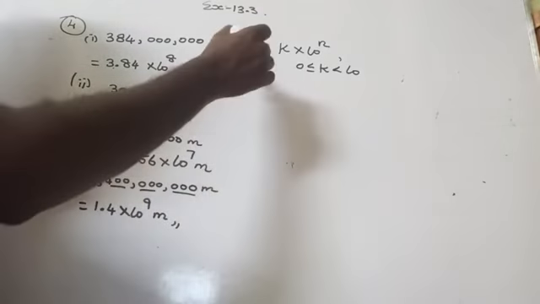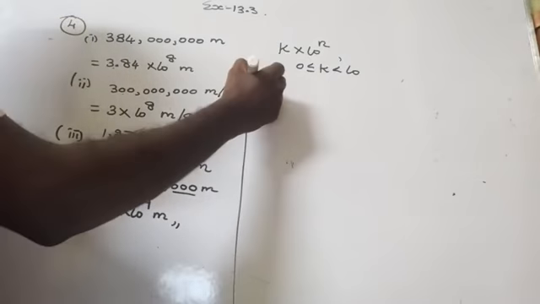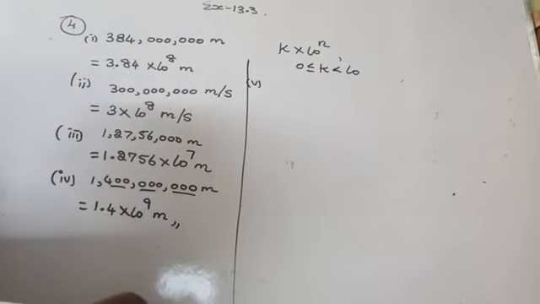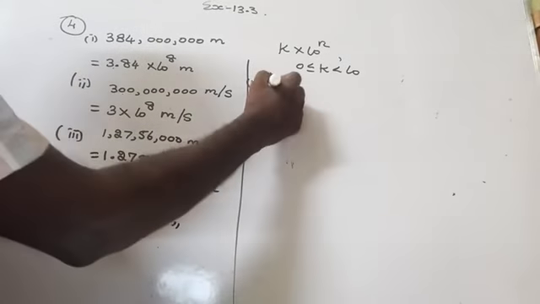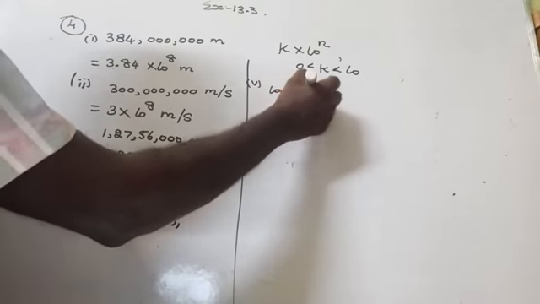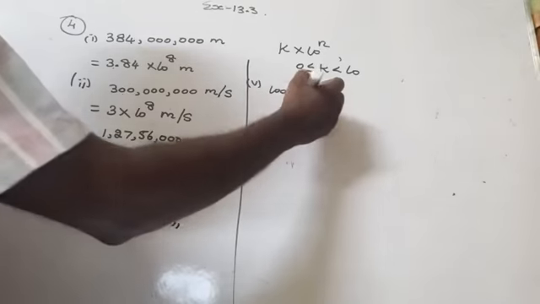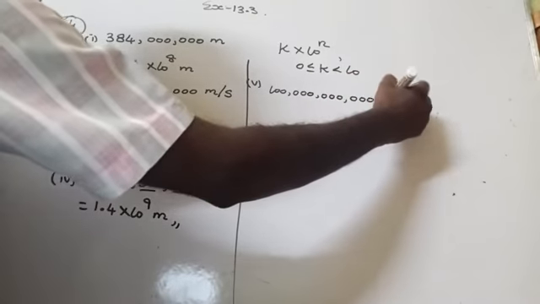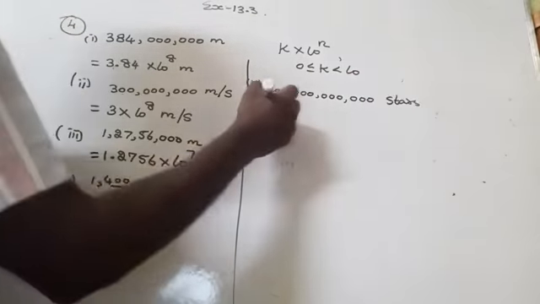Then the fifth part. It's given that in a galaxy, there are an average of this many stars. So how can you express this one?